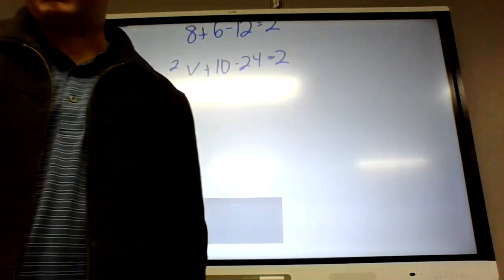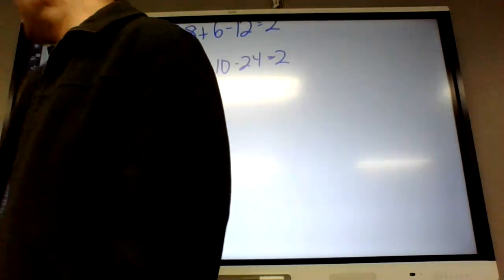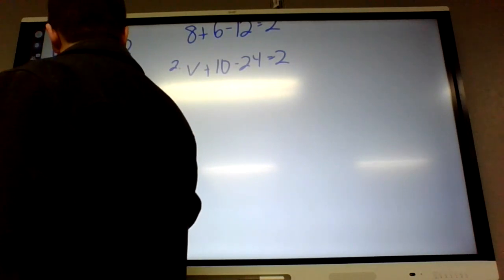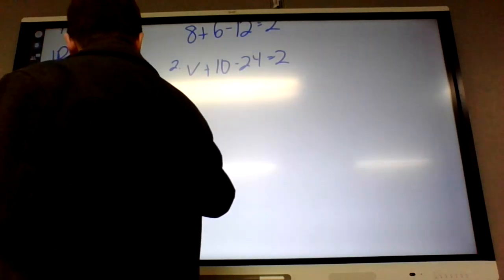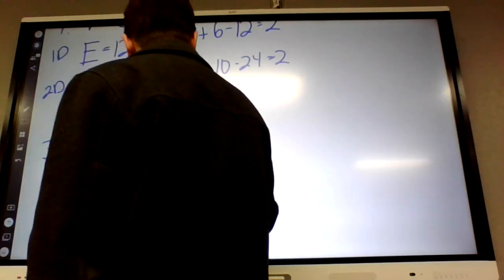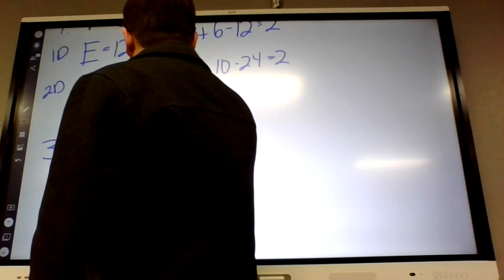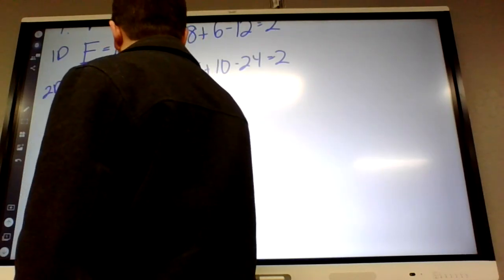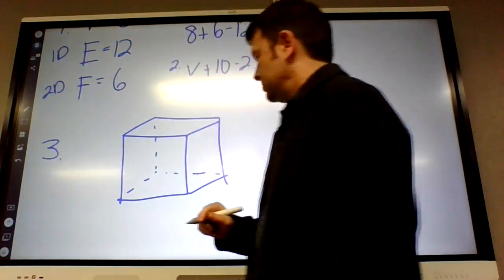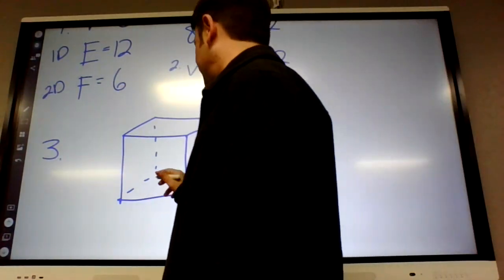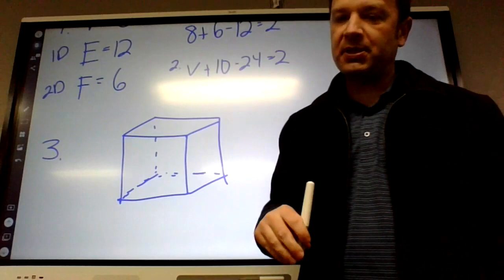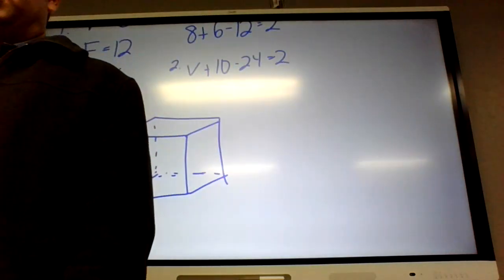Let's see, 3 is kind of hard, especially because it's hard for me to draw. I'll try to be neat. Okay, so 3 says identify the cross section of a cube formed by each described plane.